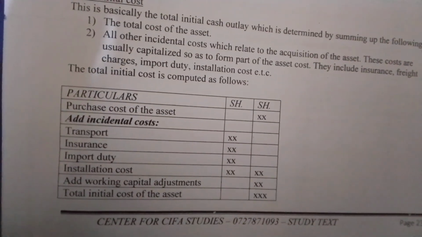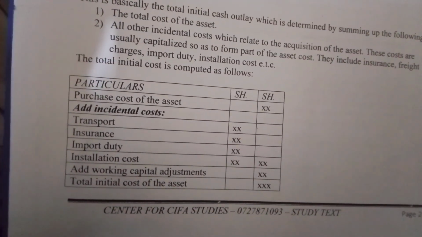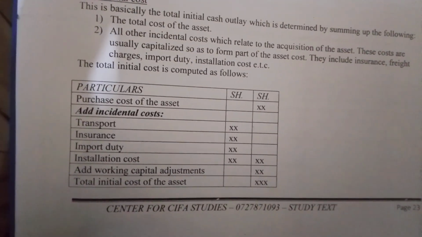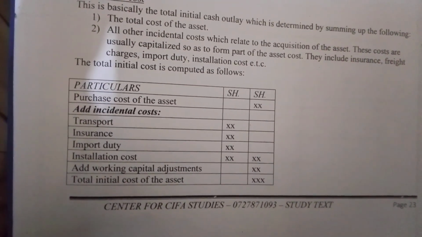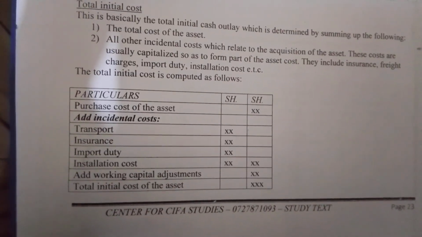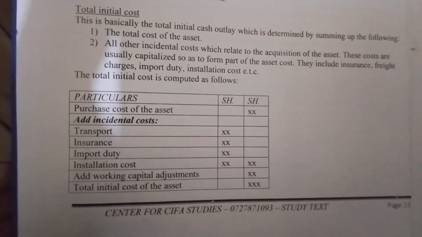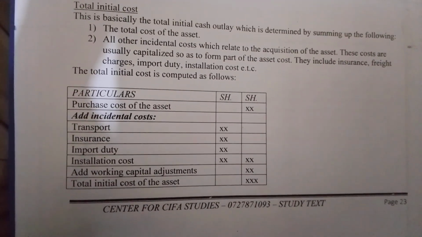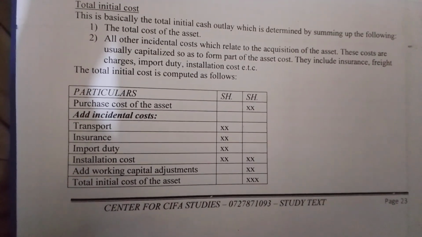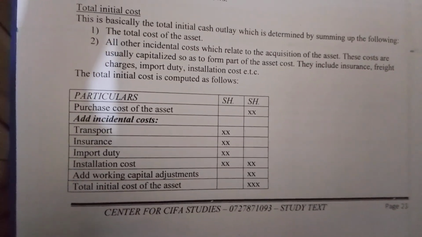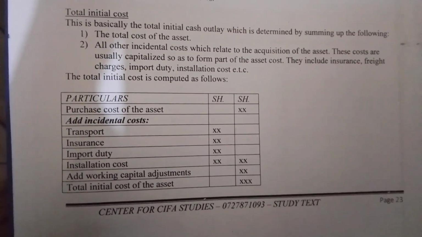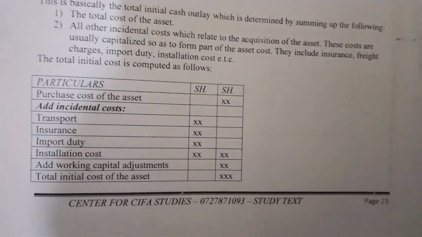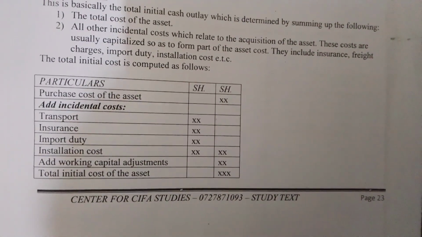If the changes in working capital occur by the end of the economic life of the asset, then such should be part of the terminal cash flow. So all these changes in working capital should be recovered by the end of the economic life of the asset in question. So look at that format.